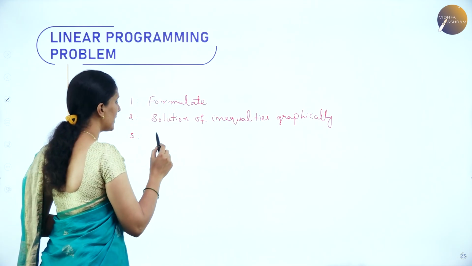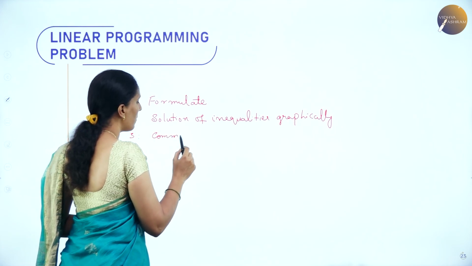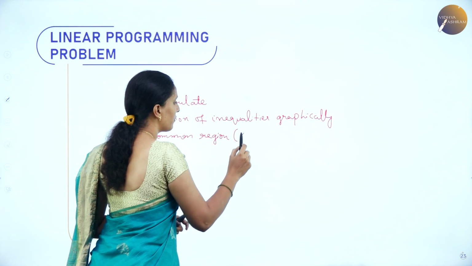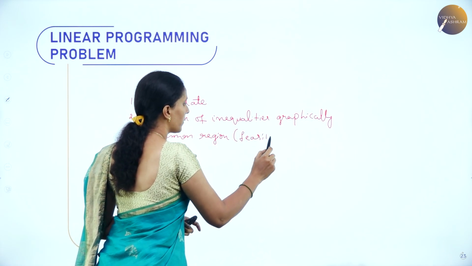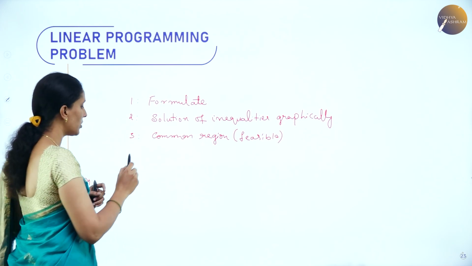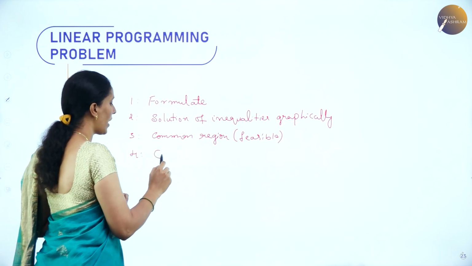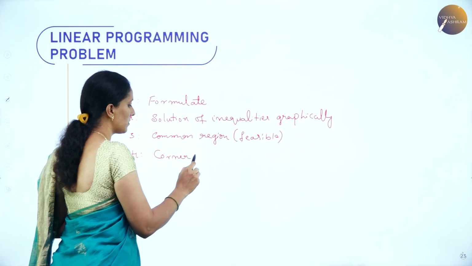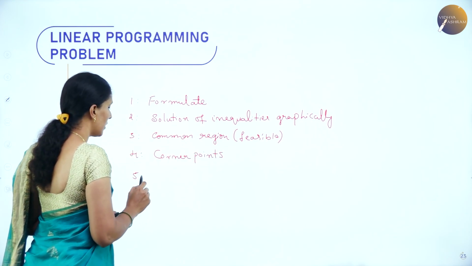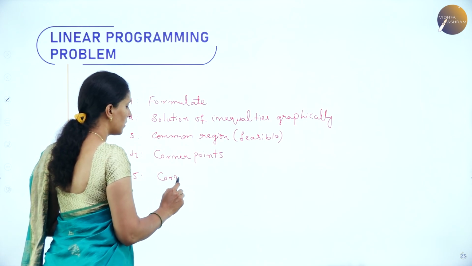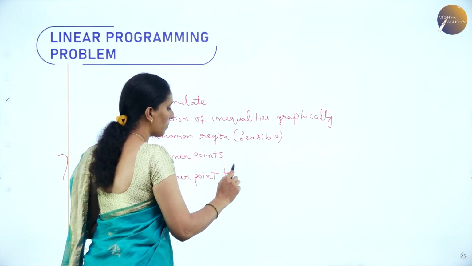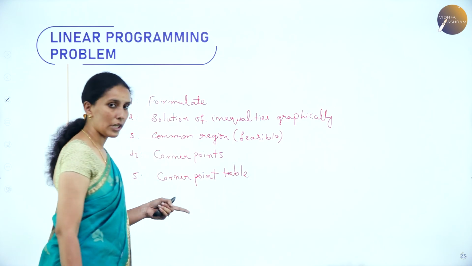The next thing is finding the common region, which is also called the feasible region. Once you find the feasible region, you are going to find the corner points. Then we take all the corner points in the corner point table.